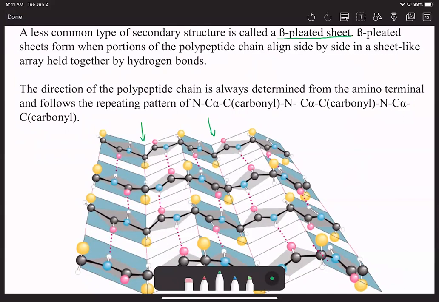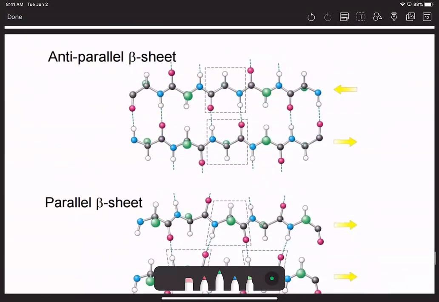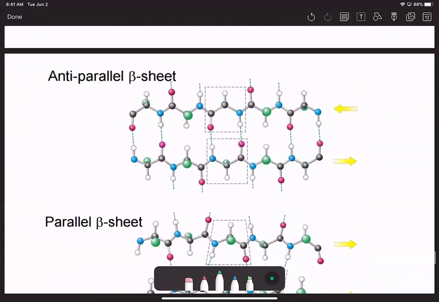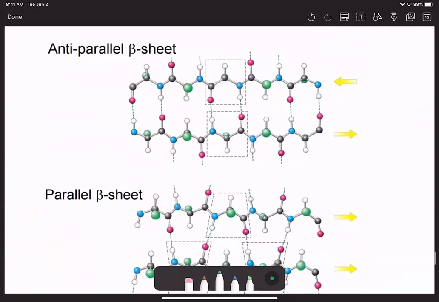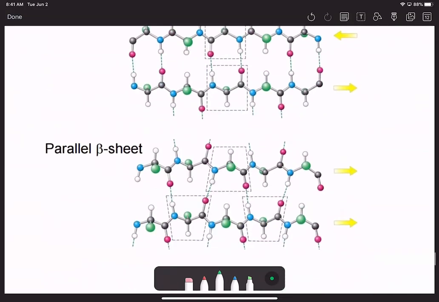To take another look at these, not so three-dimensional, we actually have two types of beta pleated sheets. One we call anti-parallel, one that we consider parallel. I've boxed these for you. If we take a look at the parallel beta sheet first, we notice that there's a slight angle between all of these hydrogen bonds.